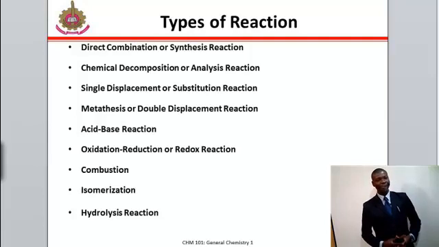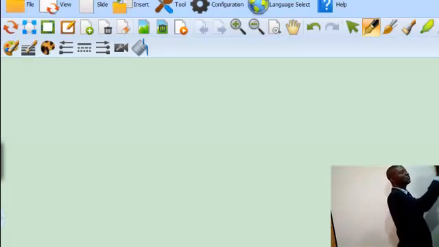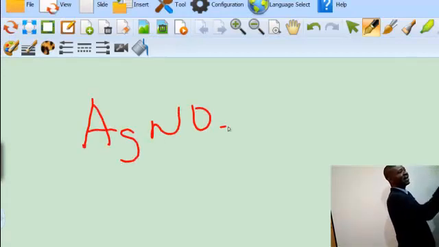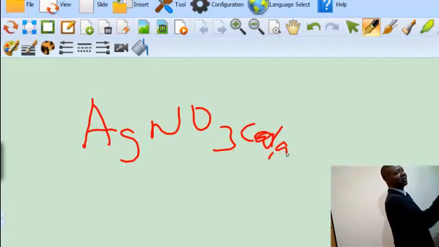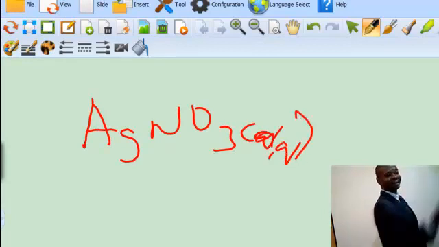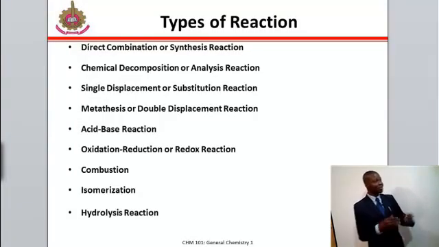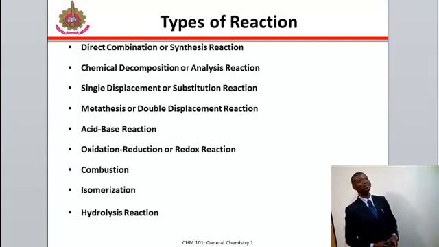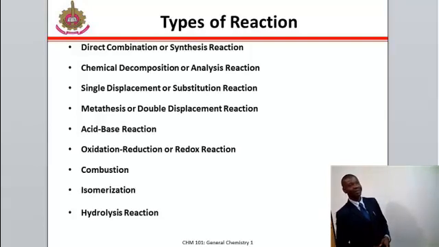A very good example is the reaction between silver nitrate and sodium chloride, giving sodium nitrate aqueous and silver chloride. So you can see that in that reaction there is an exchange of bonds.